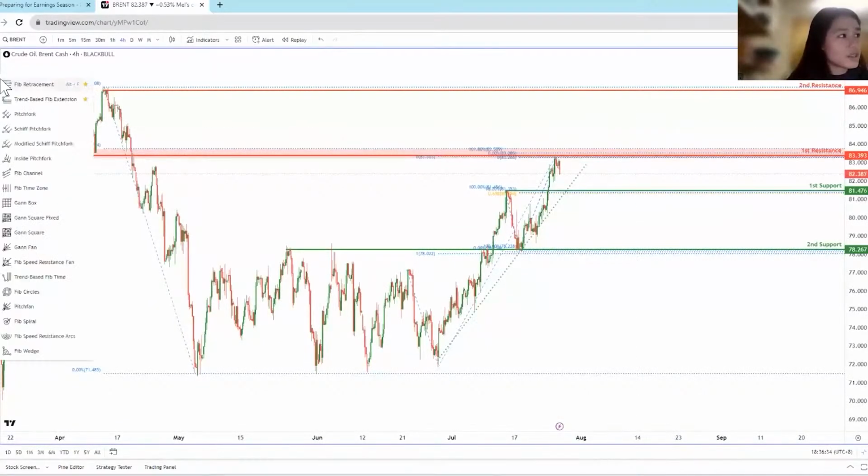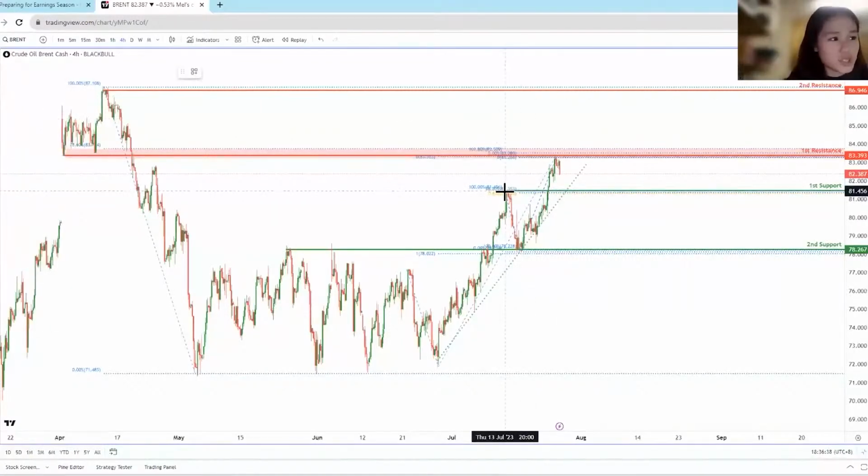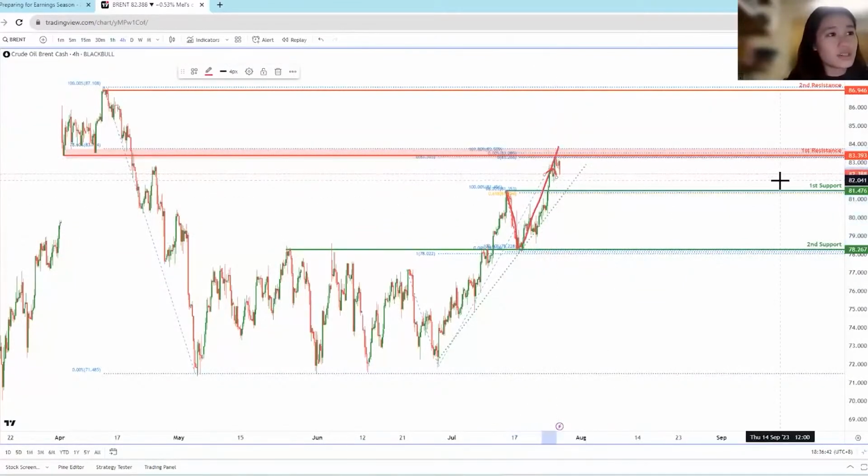Okay, another thing, if you guys are wondering what exactly is a Fibonacci extension, it's basically when we call it the Nike tick retracement. So when you have a shape like this, or perhaps if it's inverted, it will be like that.